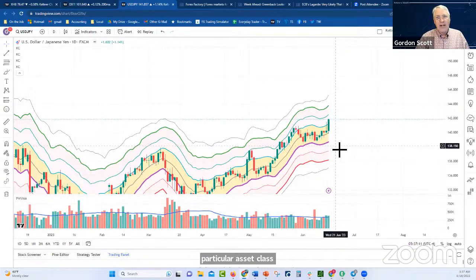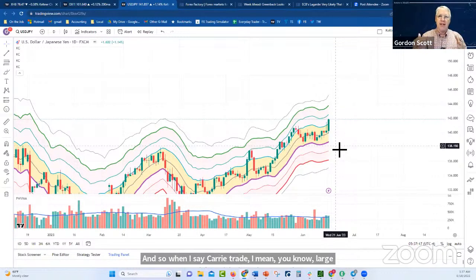And so when I say carry trade, I mean a large bank which buys the euro or the USD yen, right, or any pair against the yen, but the US dollar yen. Large banks want liquid. They don't want to try to do this with more exotic crosses.